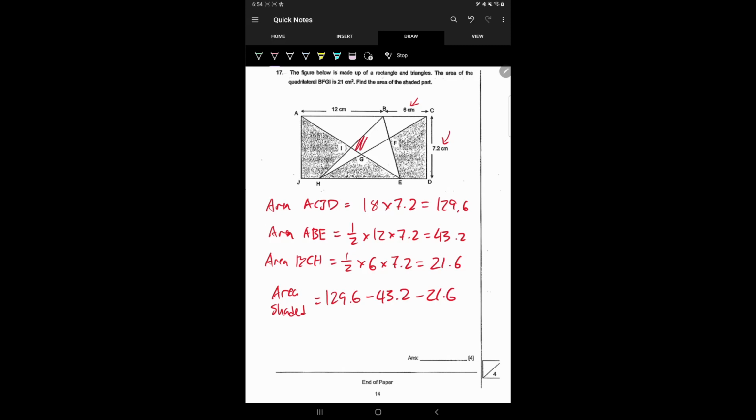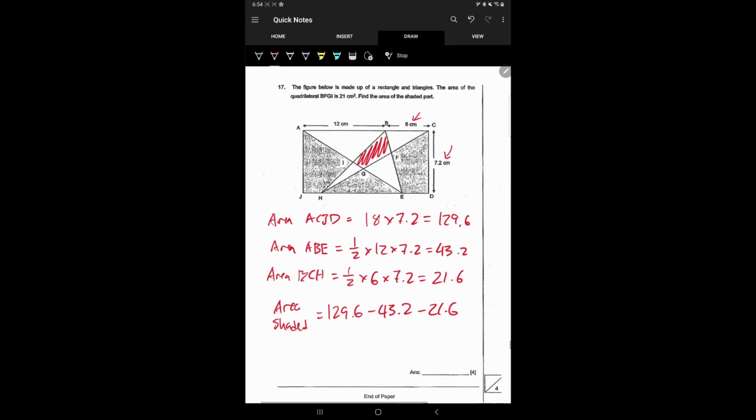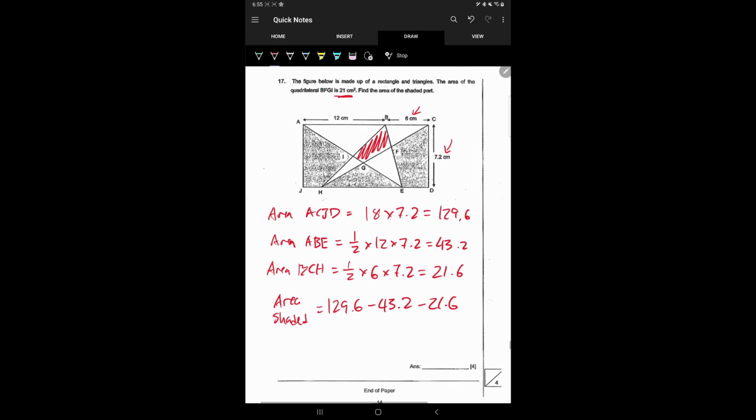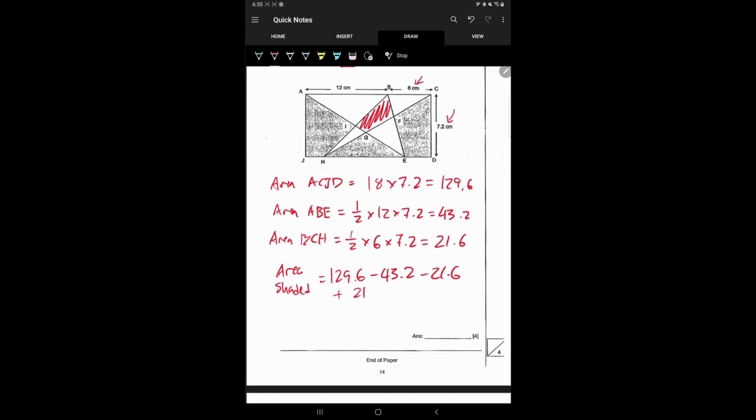However, you know that this part right here is overlapped by the two different triangles, and they told you that the area is actually 21 cm squared. So if you minus it twice, one time here and one time here, you need to add it back for a single time so that you don't double minus it. So the sum of this entire thing is 85.8, which is your answer for this question.